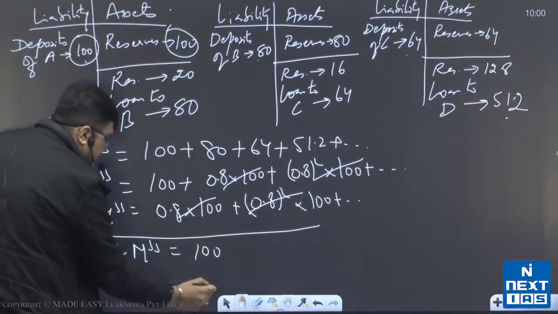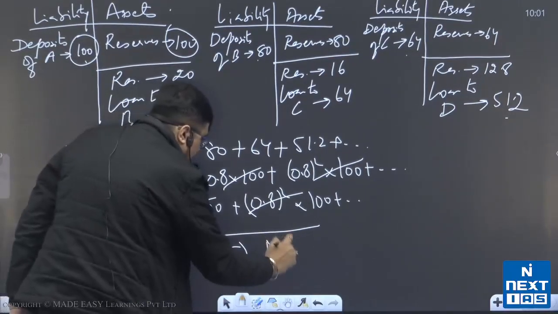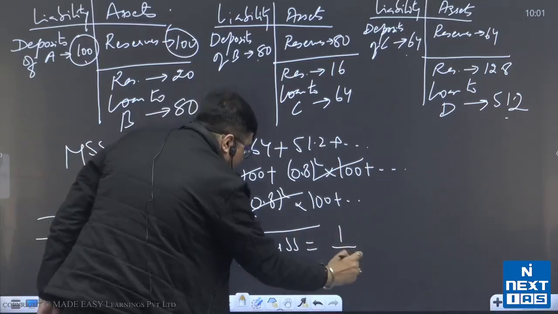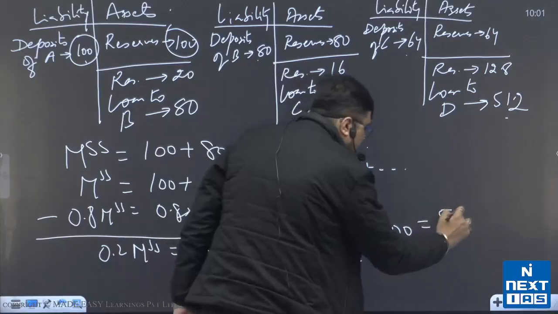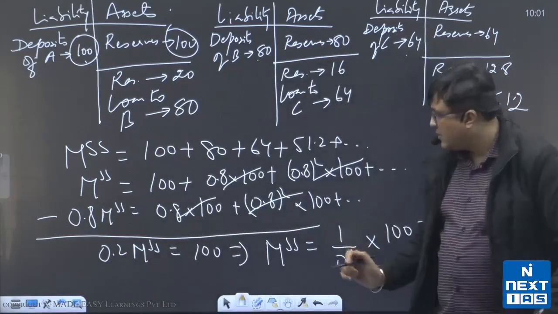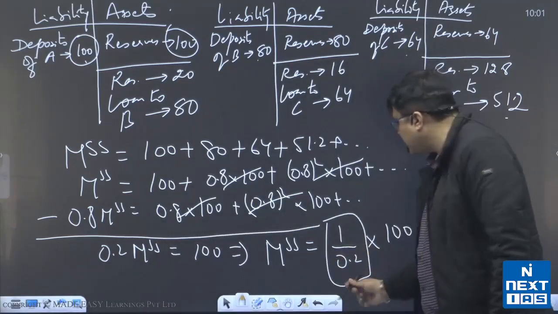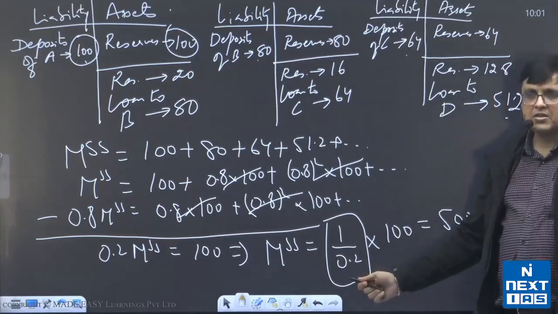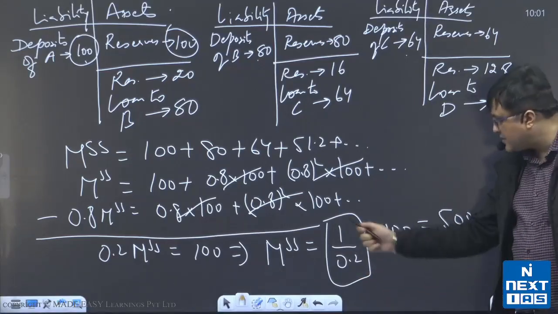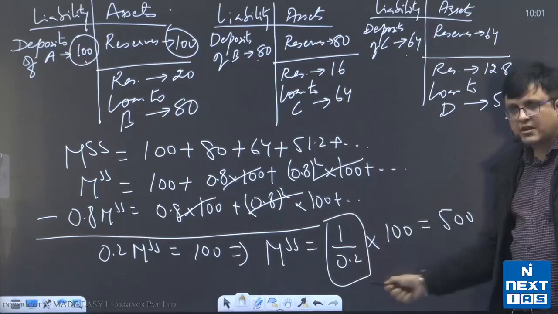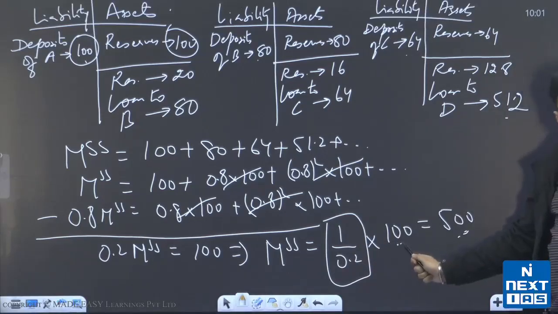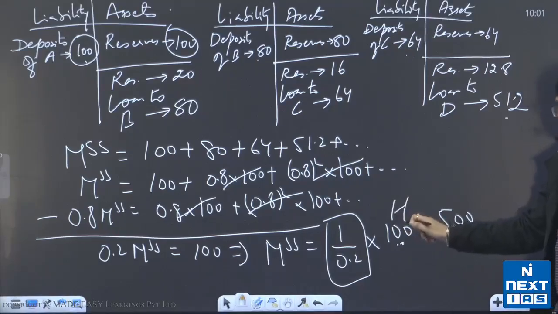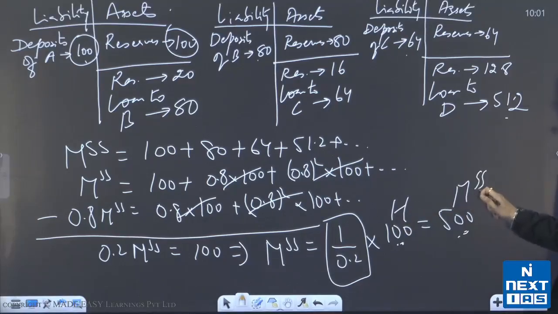And that means I can write money supply is equal to 1 upon 0.2 into 100, that is 500. I want you to see few things. One, this becomes my money multiplier. You see that? Money multiplier is the constant which shows the rate of change in money supply due to a given change in high powered money. This was the change in my high powered money. This became the change in my money supply.